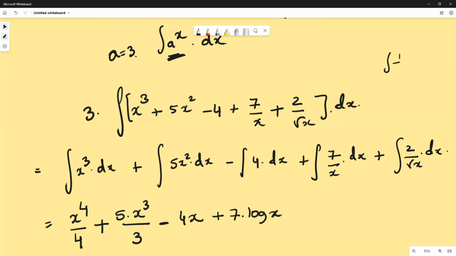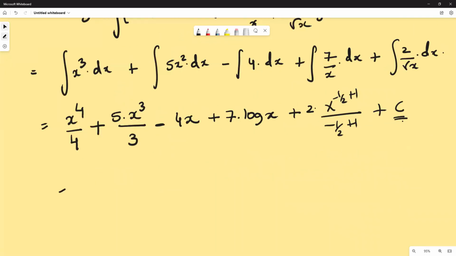Now, 2 by root x, I can also write this as x power minus half, right? So it's nothing but plus 2 into x power minus half plus 1 by minus half plus 1. And in the end, we are going to write plus c. So let's simplify this.